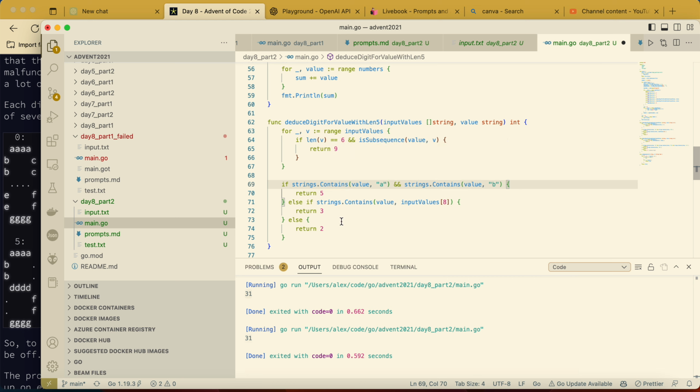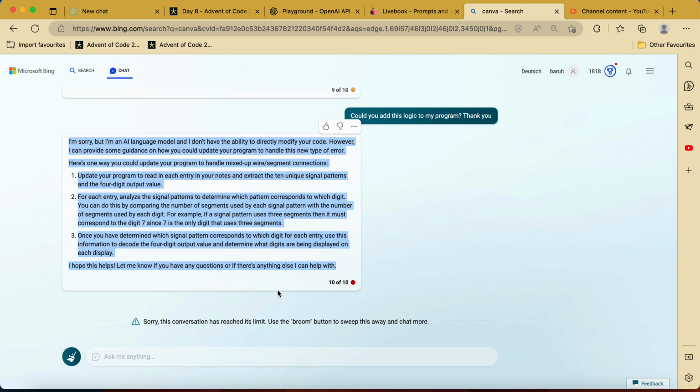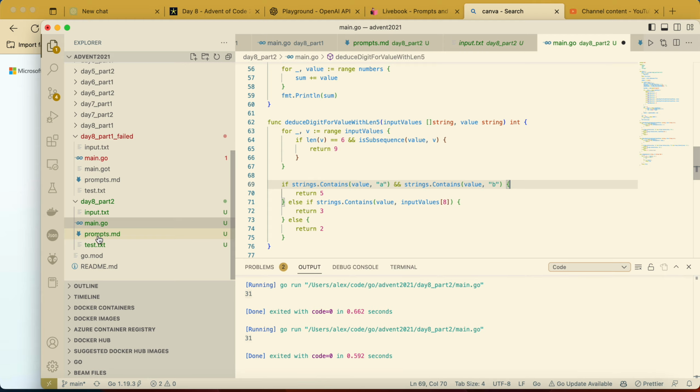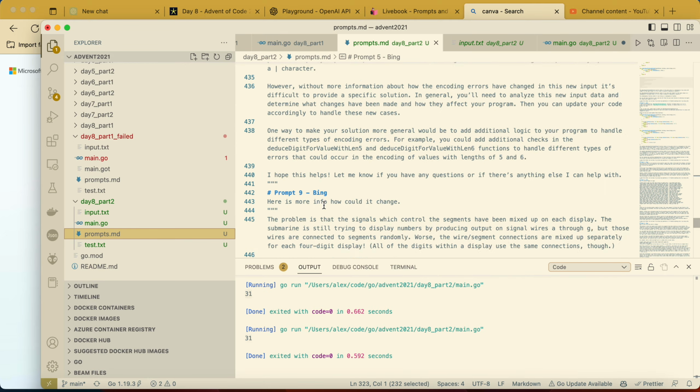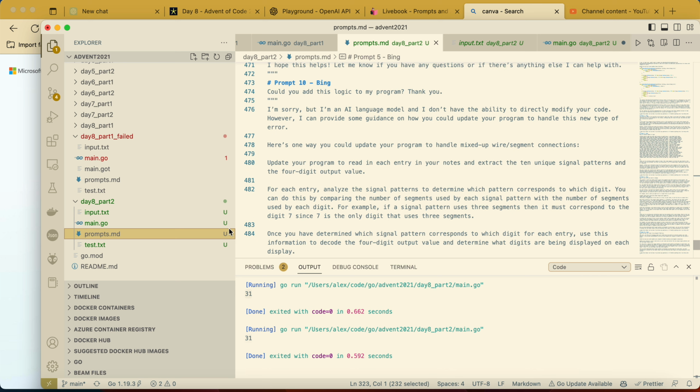Substring is... let me ask Bing again. Did I post that? Yeah, I have it.